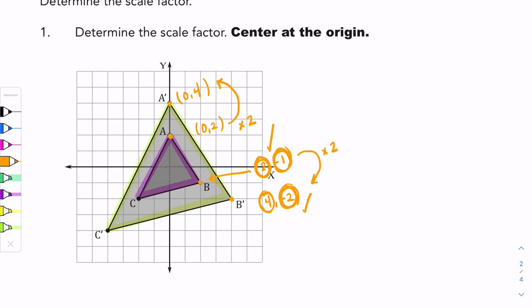And just looking at point C and thinking about that in our head, negative 2, multiply that by 2, you would get negative 4, negative 4. So on this first one, on the only one here on your note sheet, the scale factor, n, is equal to 2. And I'm just going to make a note that this is an enlargement.